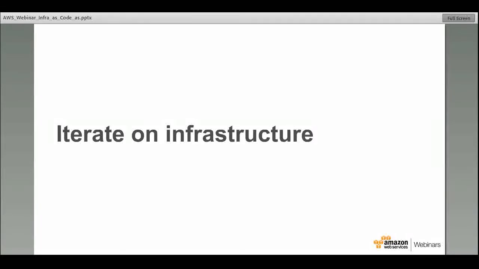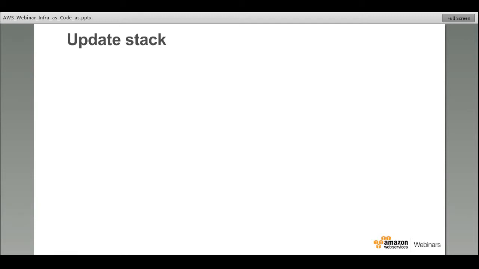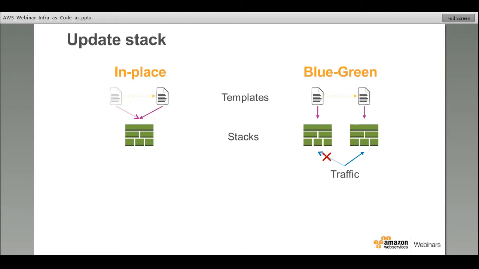We talked about iterating on your template, so let's go into a little more detail on that. There are two ways to update your stack once you have it. There is in-place, and there is a blue-green or side-by-side update of stacks. Let's see what it means. In case of in-place updates, you have an existing template and an existing stack that you created from the template. And let's say you want to make a change.